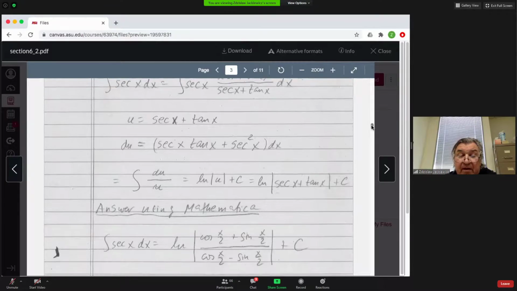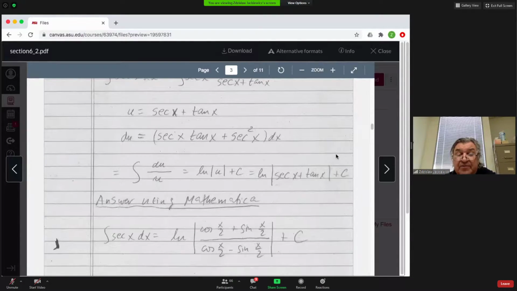Now, second, let's try to integrate this using a symbolic manipulation package. I will use Mathematica. I will switch to Mathematica in a moment. So second, you see the answer using Mathematica. Mathematica will not give you this answer. Instead of absolute value, there will be parentheses. Mathematica ignores absolute value, or in other words, Mathematica is assuming that what's here is positive and does not put absolute value. So when you are using Mathematica, be critical.